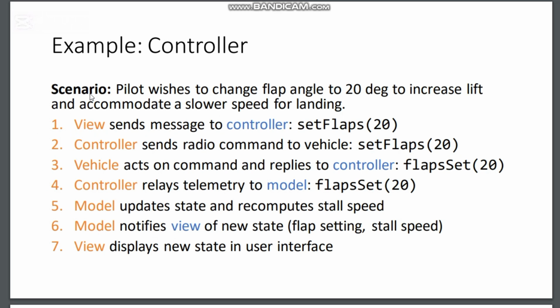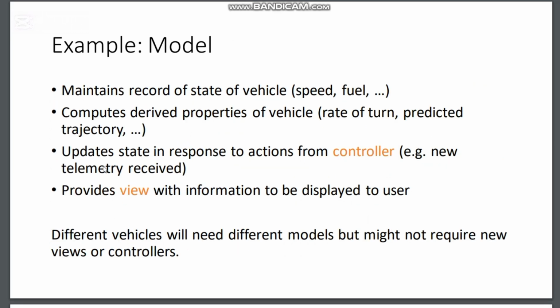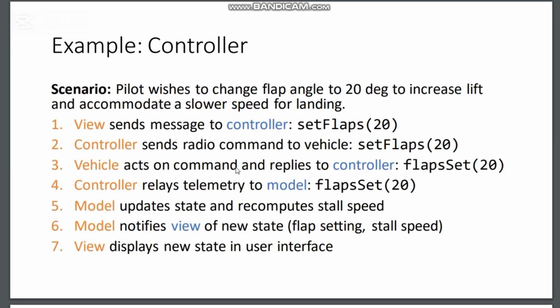So here, what is the scenario for the controller? The view sends a message to the controller, in this case, set flaps 220. The controller sends a radio command to the vehicle, so it basically controls it. The vehicle acts on the command and replies to the controller, which relays telemetry to the model.